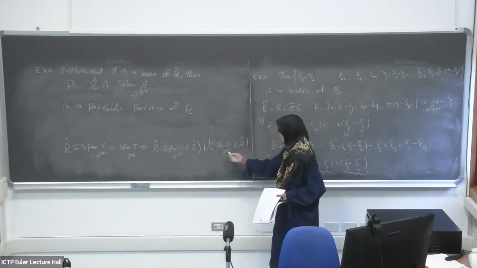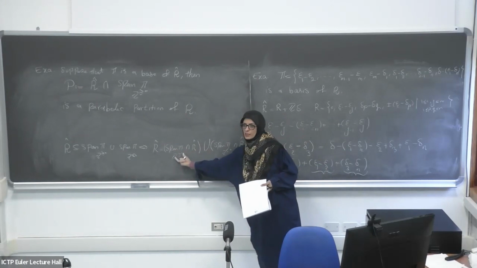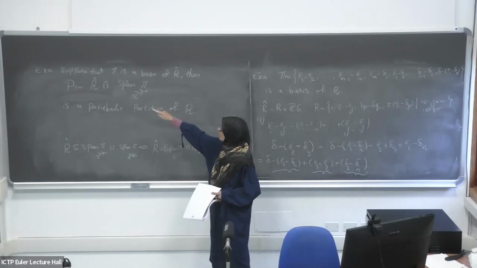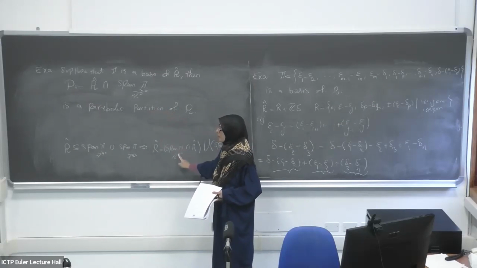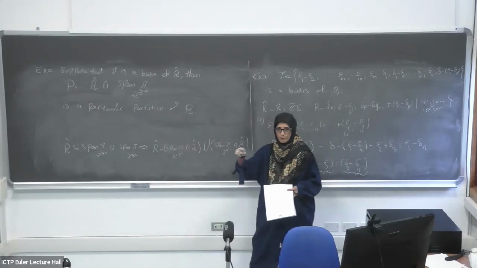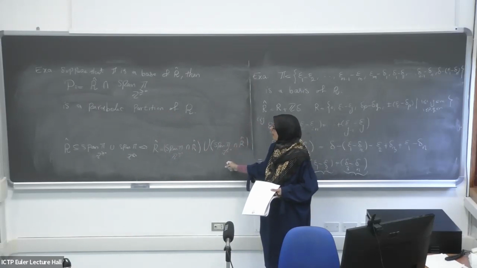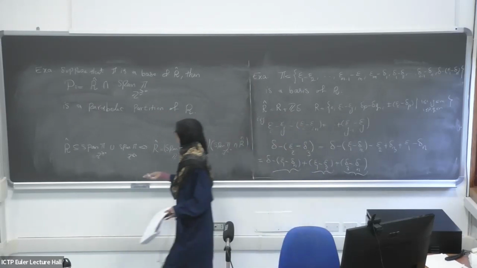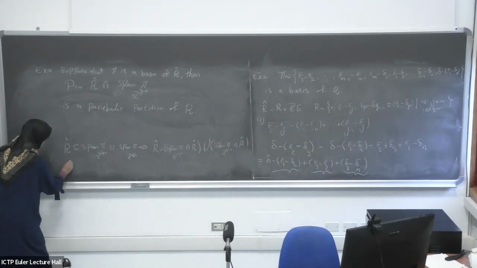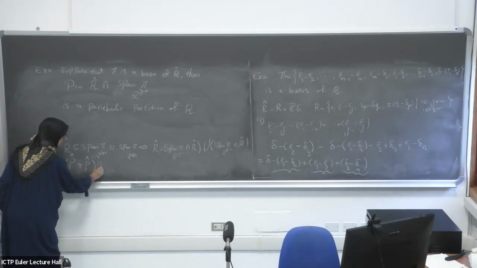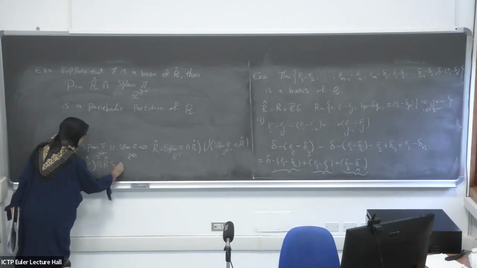And this is just the opposite of this one, right? And so we have the first condition, that R hat is P hat union minus P hat. And what was the other one? And also we should prove that P hat plus P hat intersection R hat is a subset of P hat.